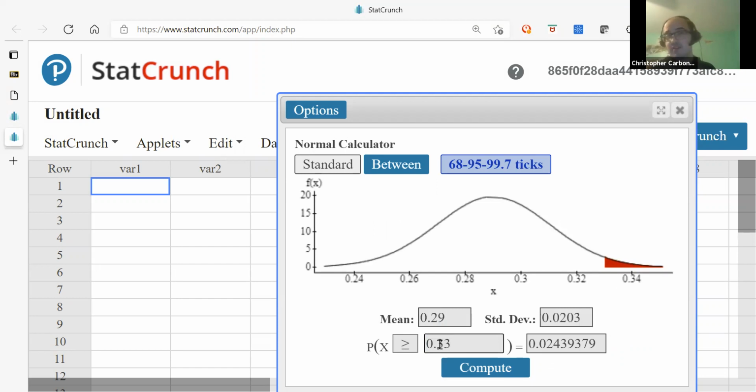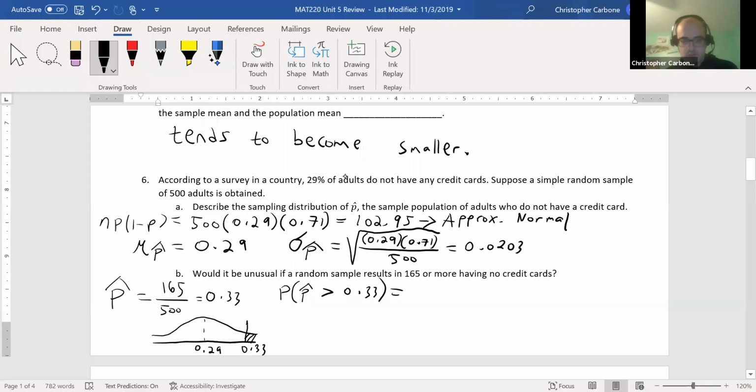Doing so gives us a very small probability here, 0.0244. And let's face it, that's less than 5%. So yes, this is unusual.